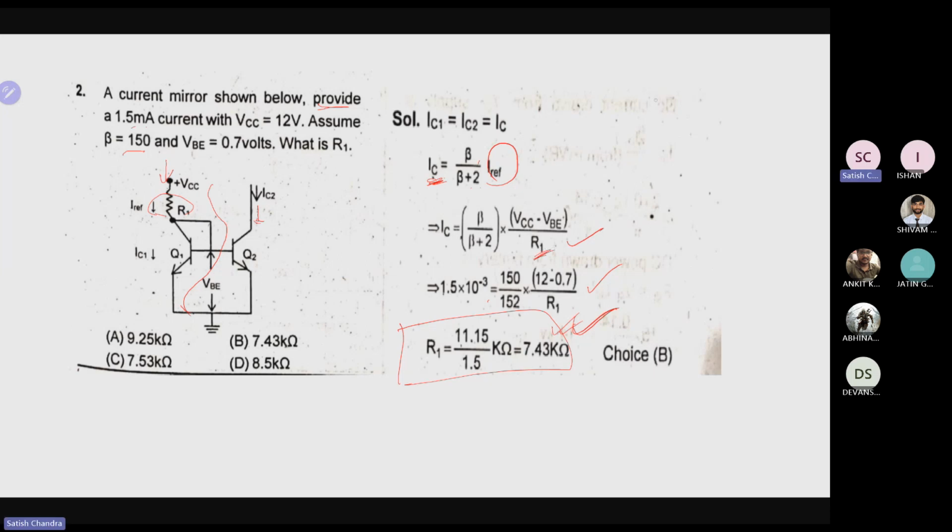If I'm saying that we are giving an IREF in milliamps, and you want the current in microamps, then from this particular equation we need a very high resistance. So in that case we utilize a converted current mirror, that is the Widlar current mirror. That is the advantage, where we basically apply a resistance here. So this is the basic idea behind it.